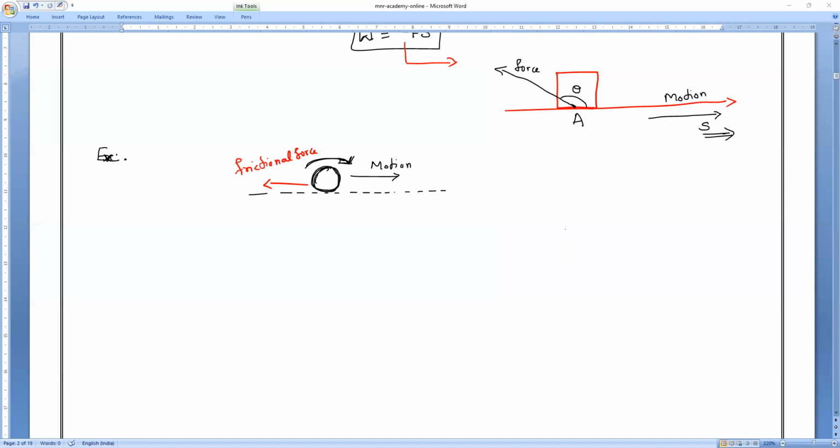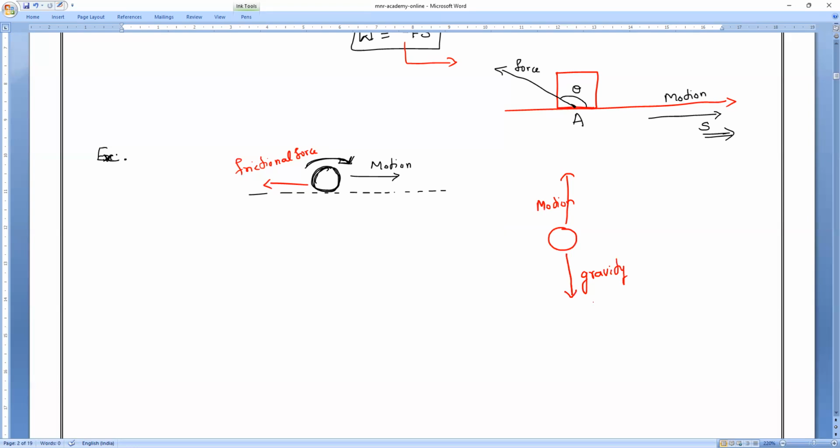Now, if I throw the ball in the upward direction, there is a pulling force always acting in the downward direction: gravitational force. Gravity is acting downwards, but the motion of the object is upwards.